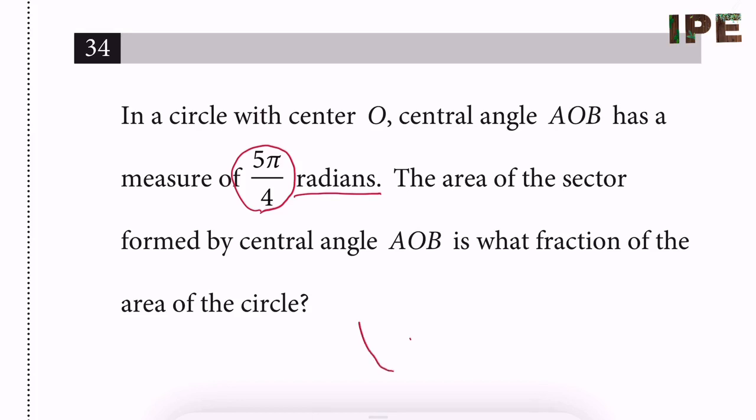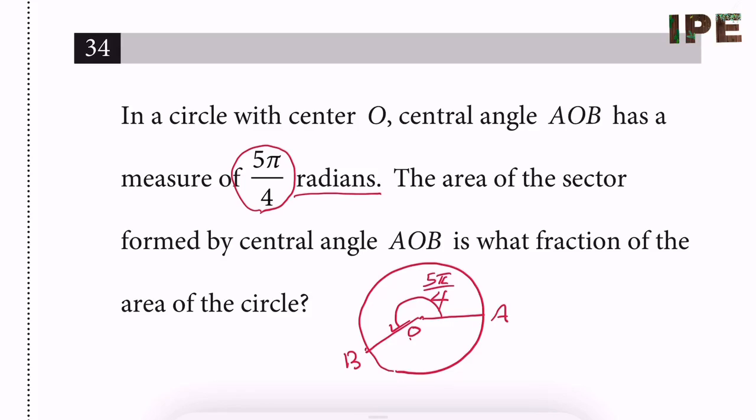So there's a circle, and that is O. Suppose A is here, then angle AOB, B is here. This angle is 5 pi over 4. It's bigger than pi. Pi is 180 degree, so that sector is actually bigger than a half circle, a semicircle.